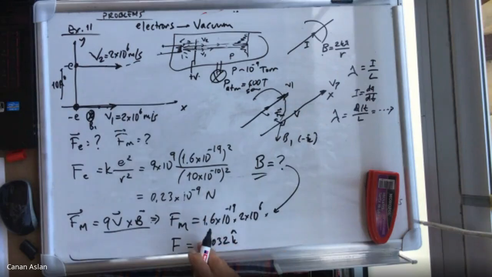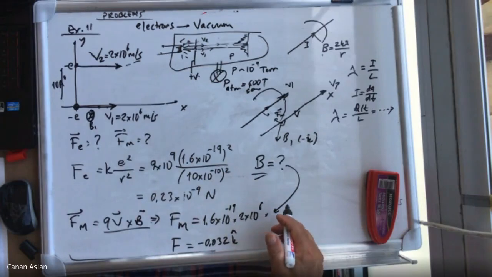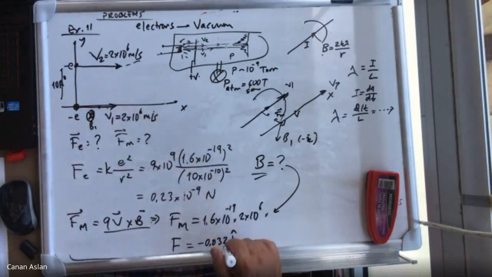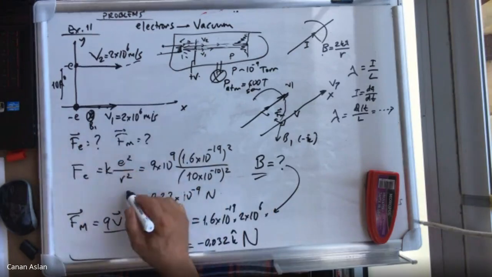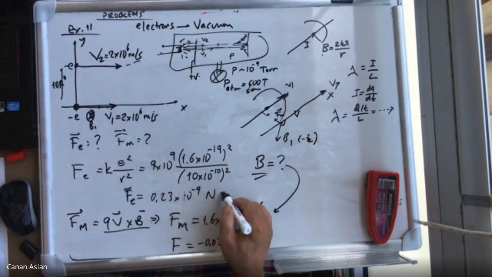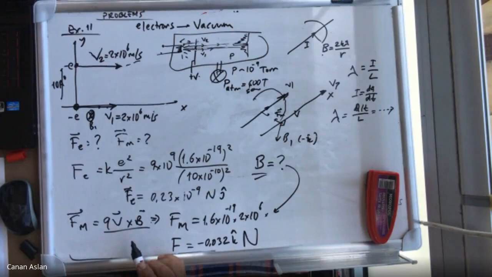So now, if this is so, then they are opposing each other. In this case, the magnetic force will be just this much in newtons. Don't forget, if you write this as a vector, it's going to be in the J direction.